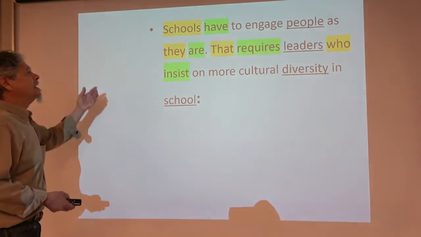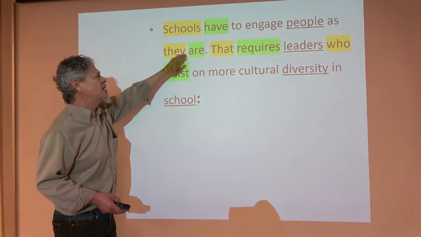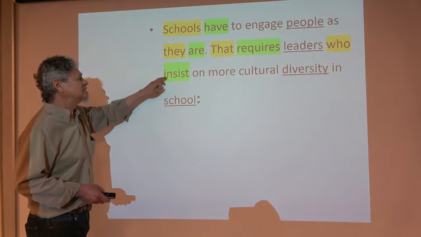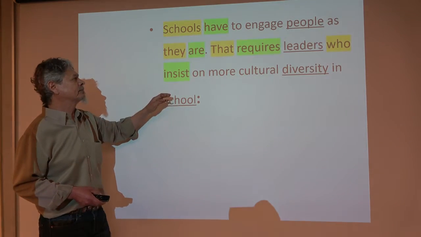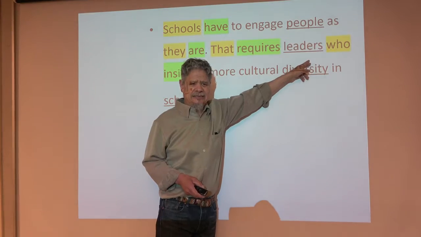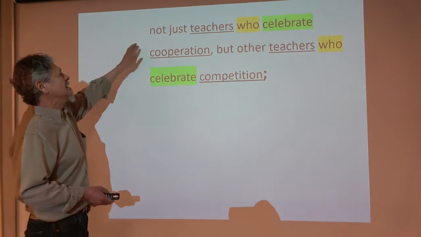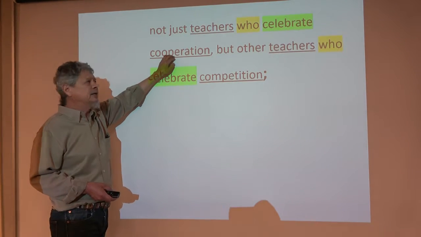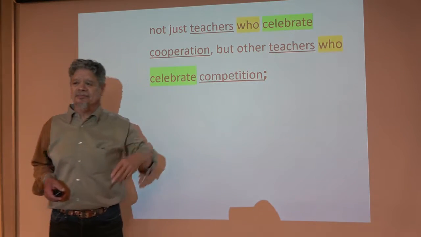He says, schools have to engage people as they are. That requires leaders who insist on more cultural diversity in school. He's talking about the principals, the superintendents, the presidents. Okay? And he says that we should have not just teachers who celebrate cooperation, but other teachers who celebrate competition.